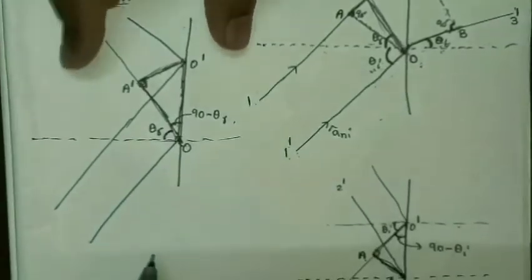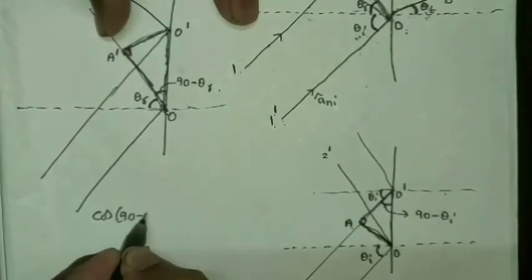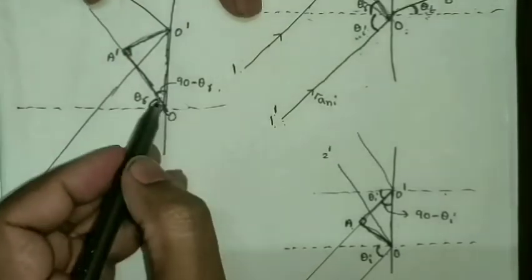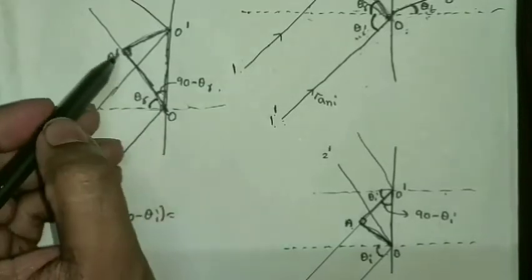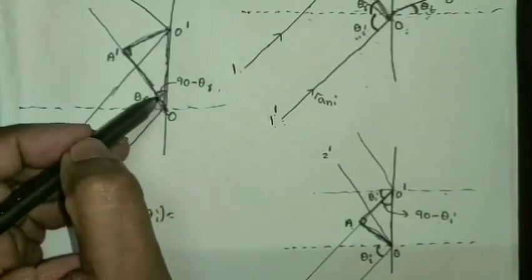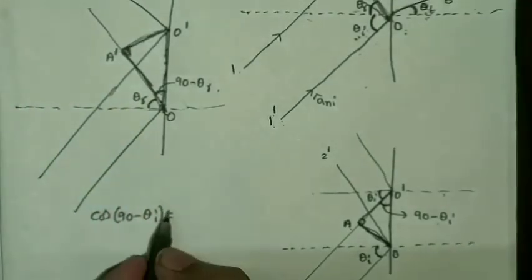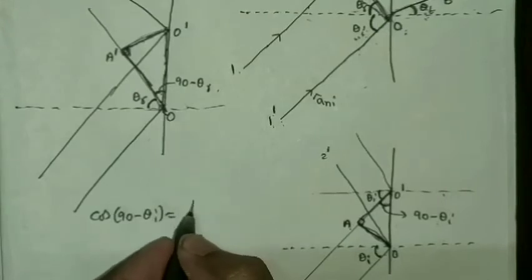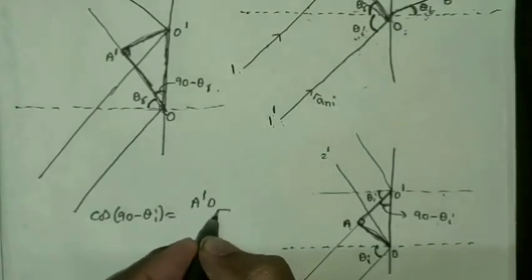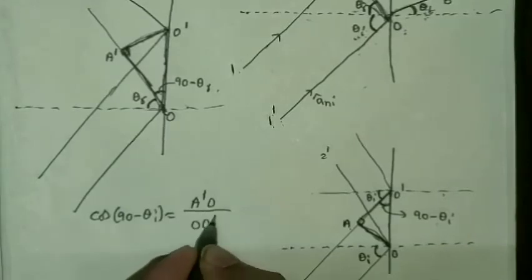Right? So from this, cos 90 minus theta I should be taken as adjacent side divided by hypotenuse. So the adjacent side is A dash O, divided by the hypotenuse, which is OA dash.